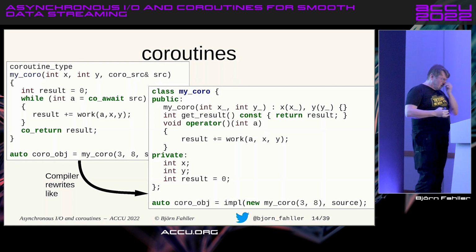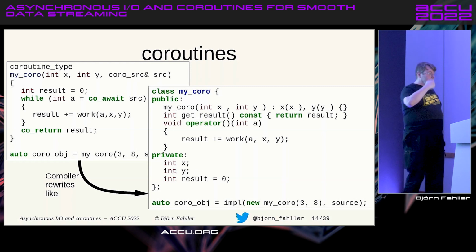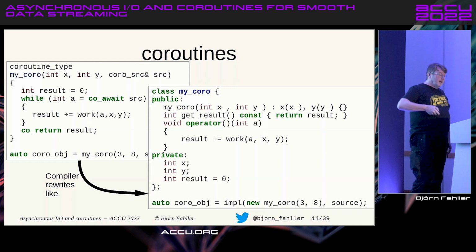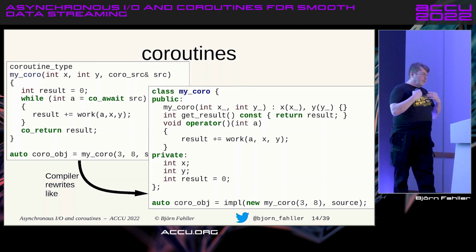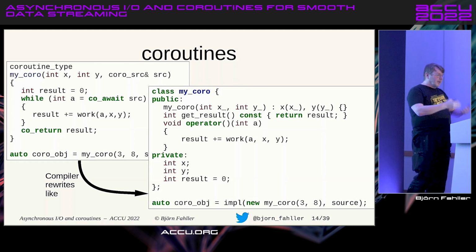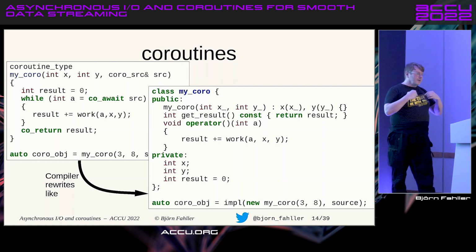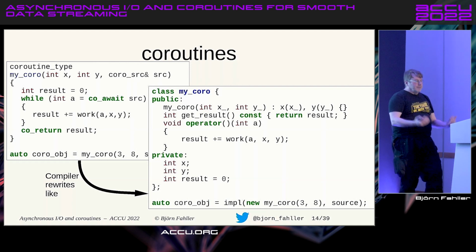It creates a coroutine object where the local variables in the coroutine, x and y and result, become member variables in the coroutine object. And this while loop actually becomes part of, as if you had an operator function call that gives it values and you do the work in that. And then when you have this call to get my coroutine object by calling it, the compiler wraps this.